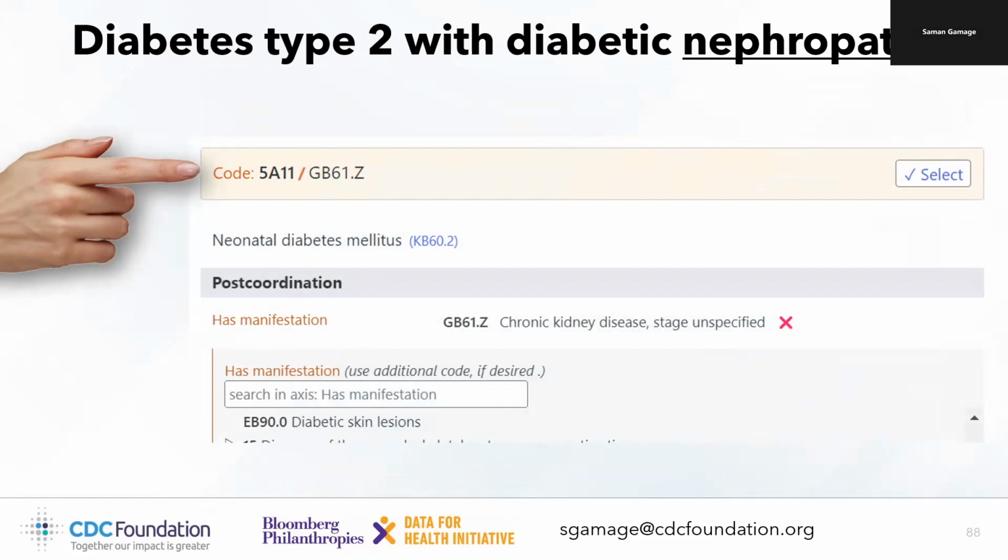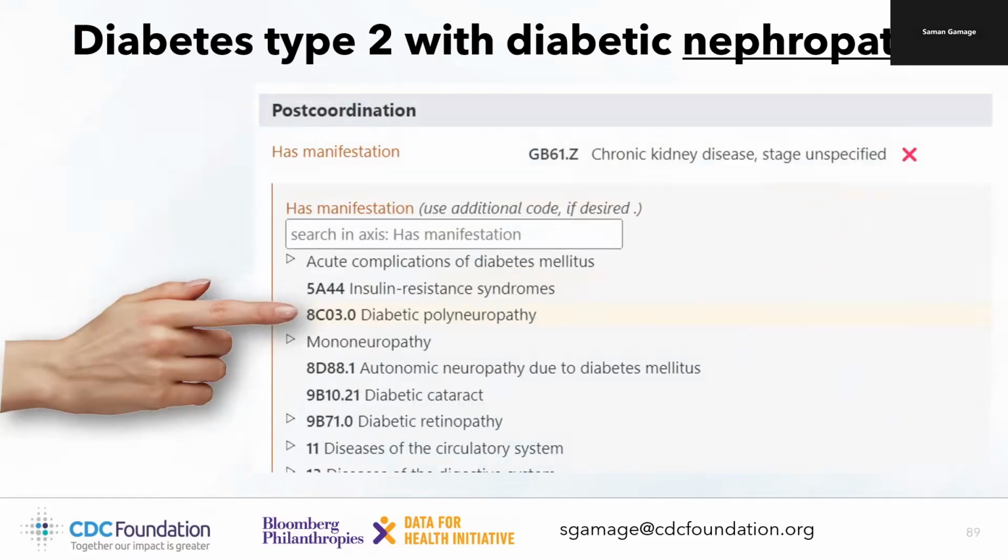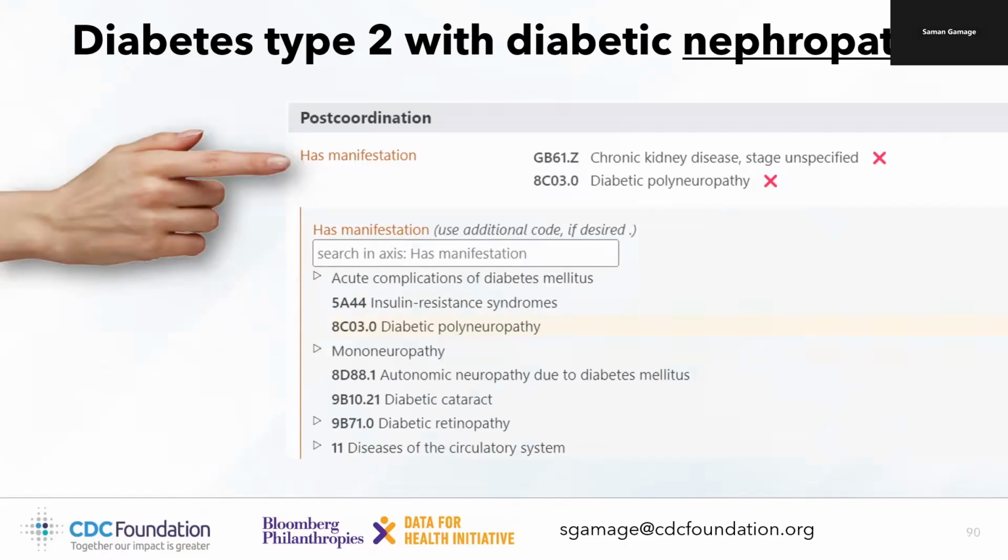And we can also search for neuropathy. You can either use the search window, which is the easiest. If not, you can search under the complications of diabetes mellitus and you get the code for diabetic polyneuropathy, 8C03.0.